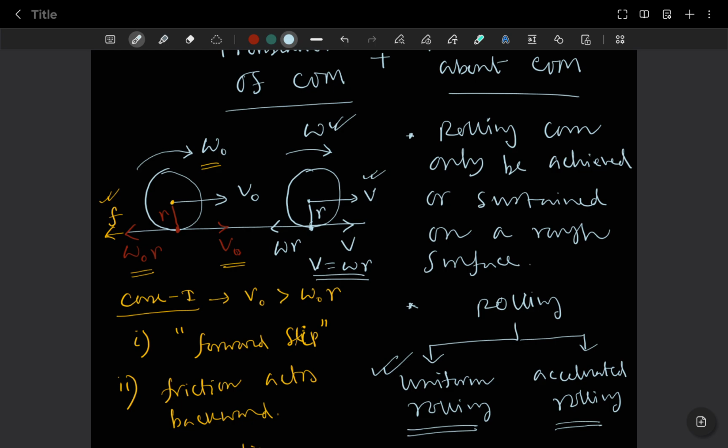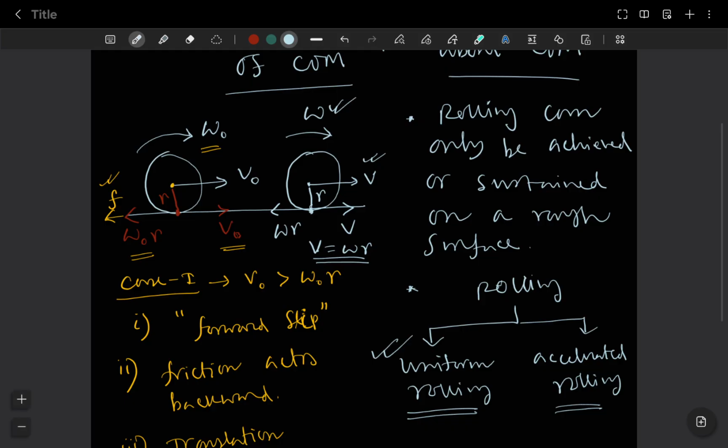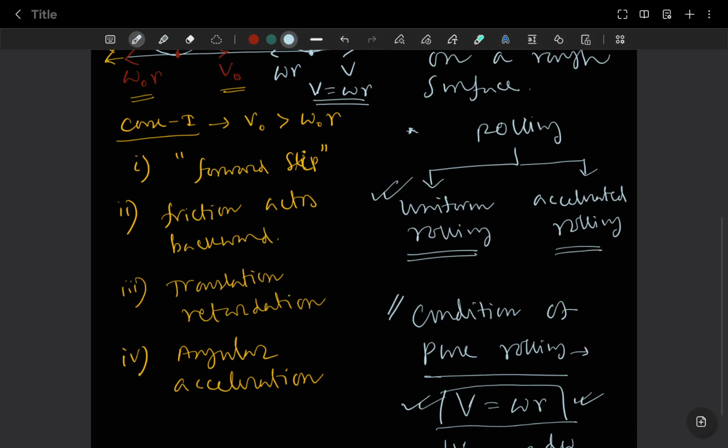So there is a friction, however small, acting on the rolling body. Because of that friction there is dissipation of energy, and because of that dissipation of energy a rolling body also eventually stops. It does not continue indefinitely, obviously we know it from our experience.